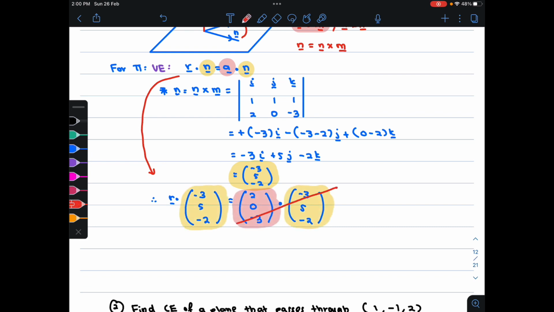Simplify the right hand side and we will get 0. Note that for the vector equation, we need to write our answers in i, j, and k. So copy down r again, and this one right here can be written in i, j, and k. And that's the vector equation of this plane.